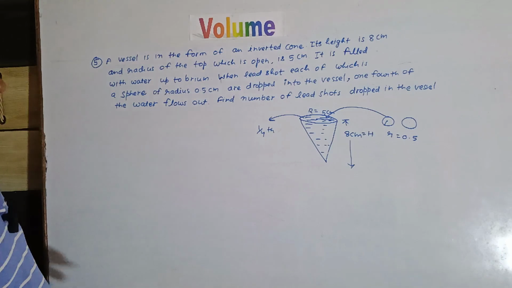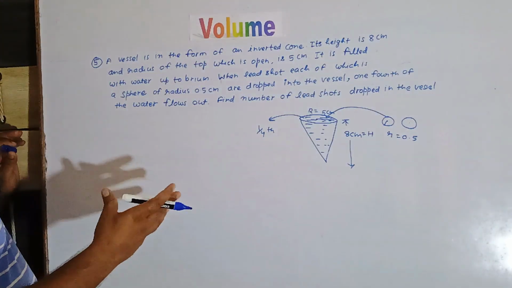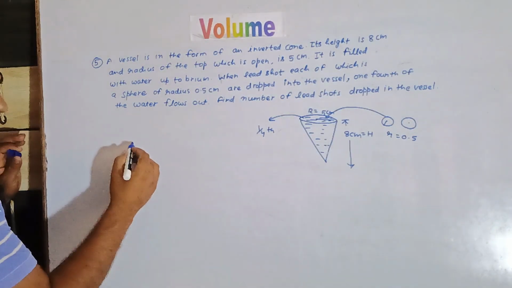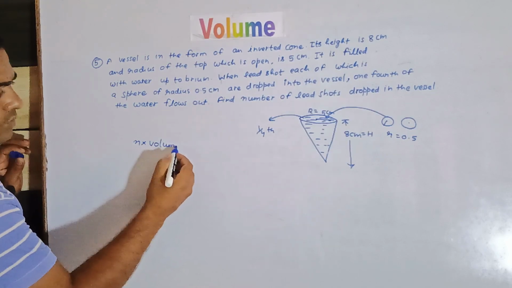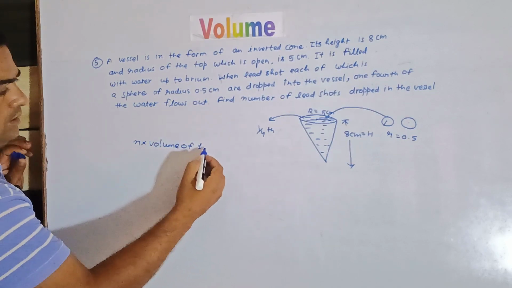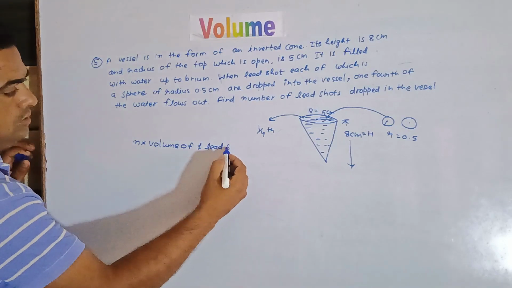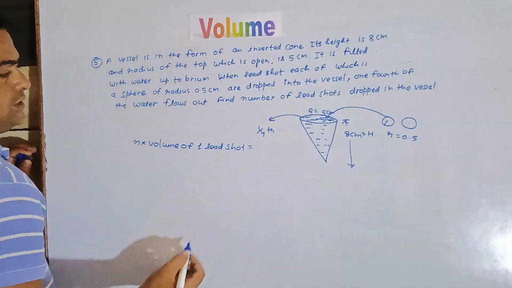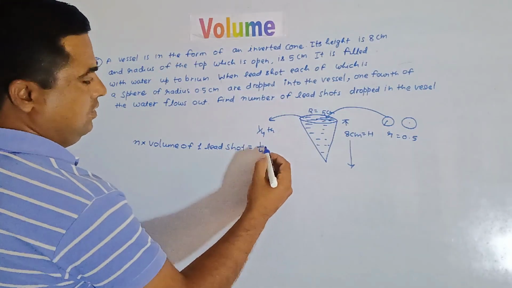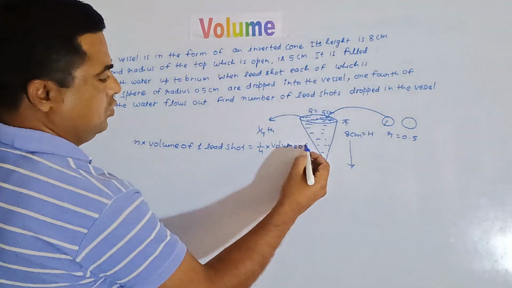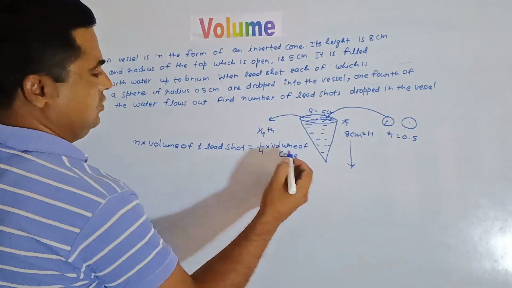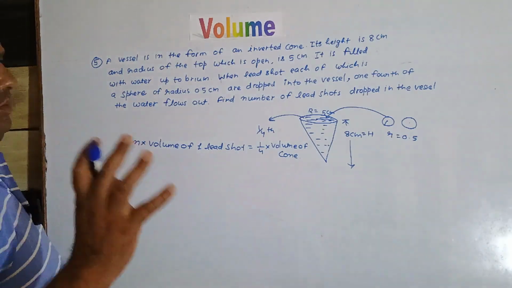Students, we know very well, we will use a formula here: n into volume of one lead shot is equal to 1/4 into volume of cone. Students, you know very well Archimedes principle, right?